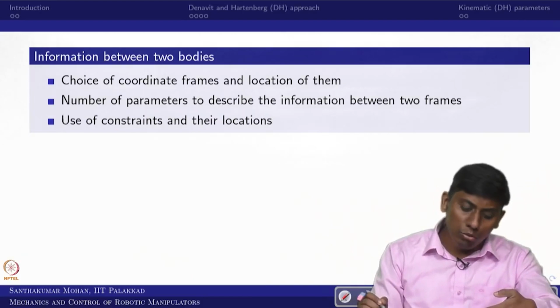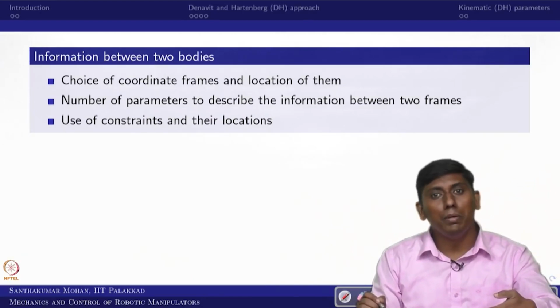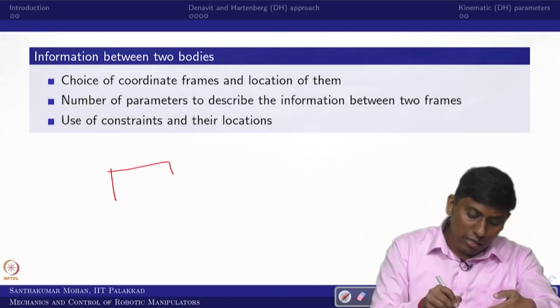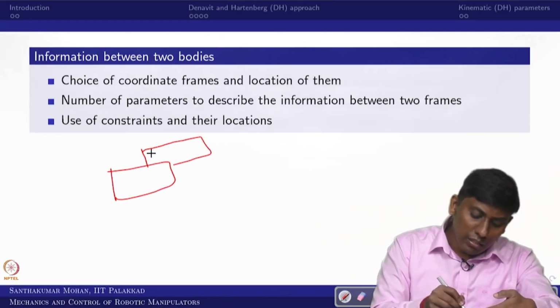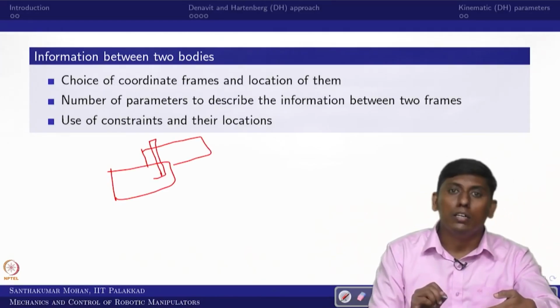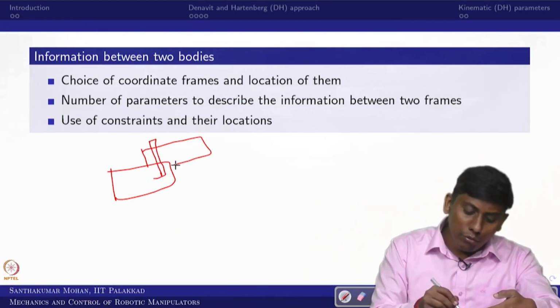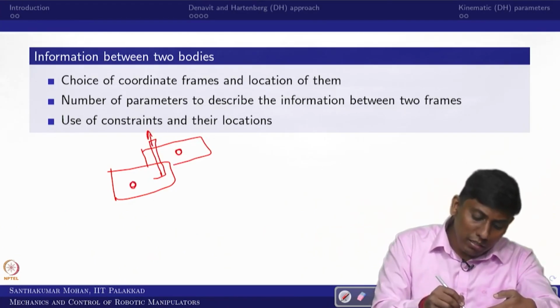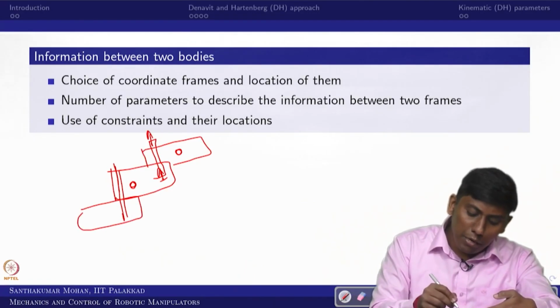In that sense, the use of constraints and their location would be of benefit rather than using the centroid. For example, assume these are two bodies having one rotary joint. Instead of using these two CGs, can I use one frame here and another frame here? Similarly, I can go across n number of bodies.